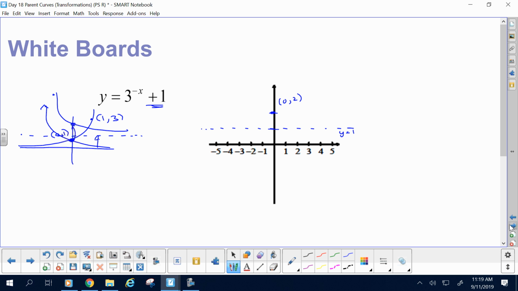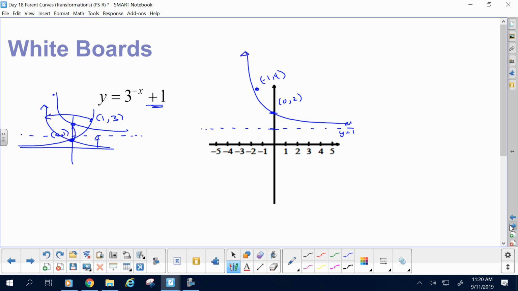This point that was at 1, 3 got reflected over to negative 1, 3, but then up 1, so now it's at negative 1, 4. Now, rather than just trust my graph, let's think about whether that point works on the graph.